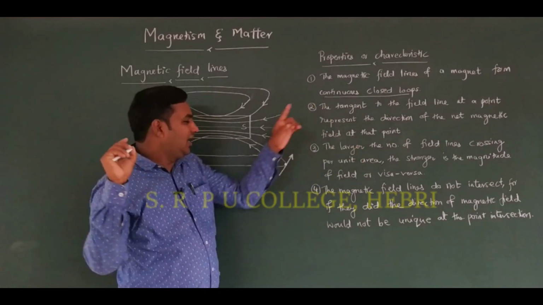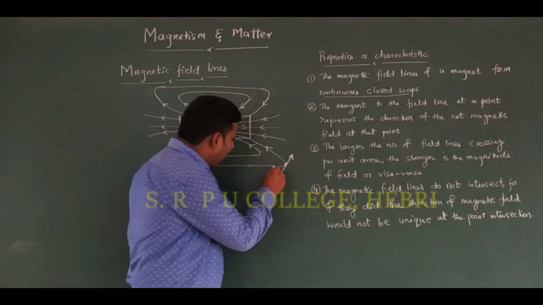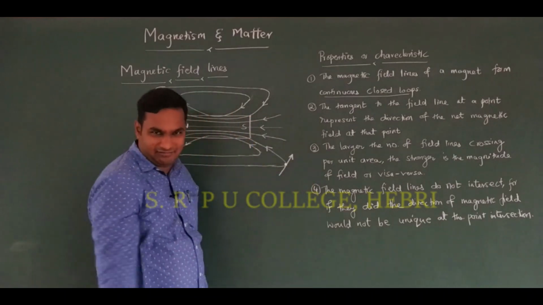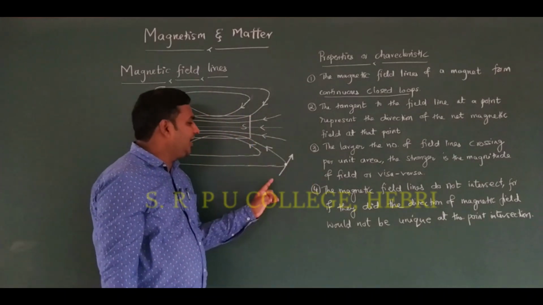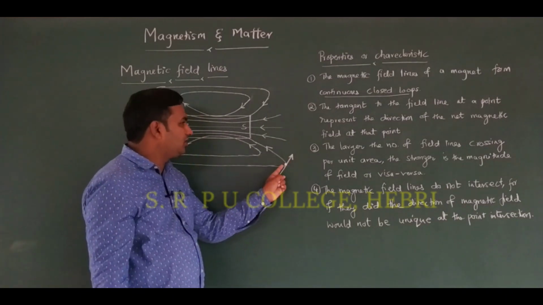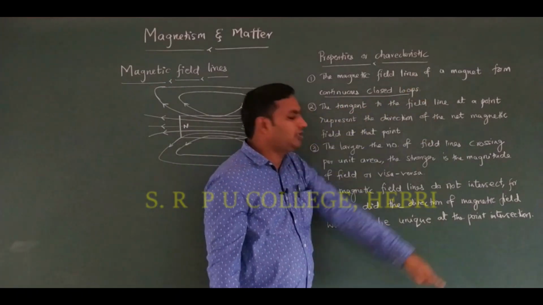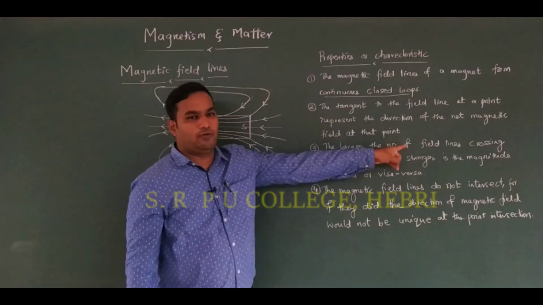Dear student, I consider a field line, and at any particular point on that field line, I draw the tangent. The tangent drawn at this particular point represents the direction of the net magnetic field at that point.